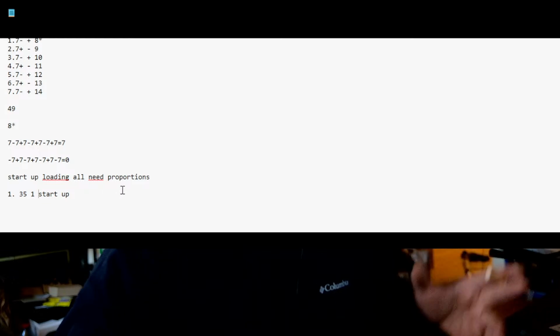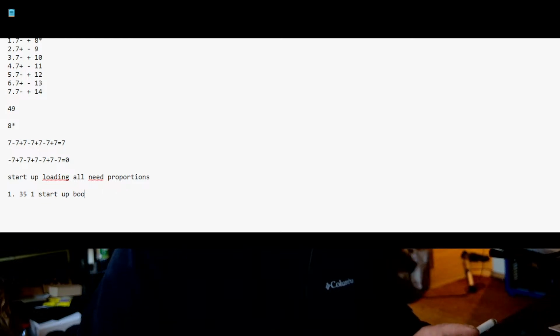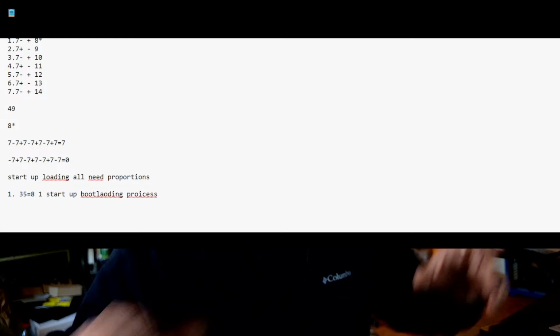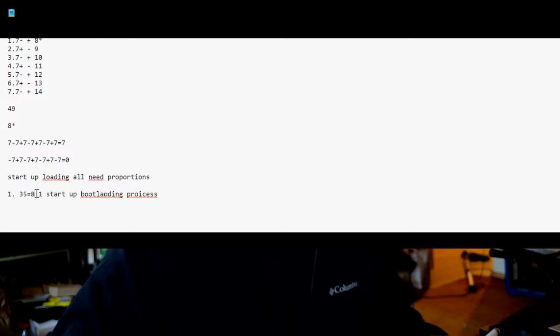So this is the bootloading process. And the 3.5 is similar to 8. Now we have here the 8, the star. So now we salute the start. The solution for the startup process begins here.